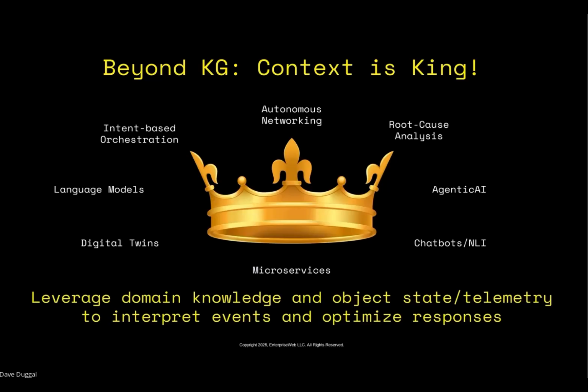Leveraging the domain knowledge and the object state telemetry, in other words, processing is how you get context. Reasoning is how you get context. Querying is how you get context. So the knowledge graph is a means to an end that supports the context that you want.